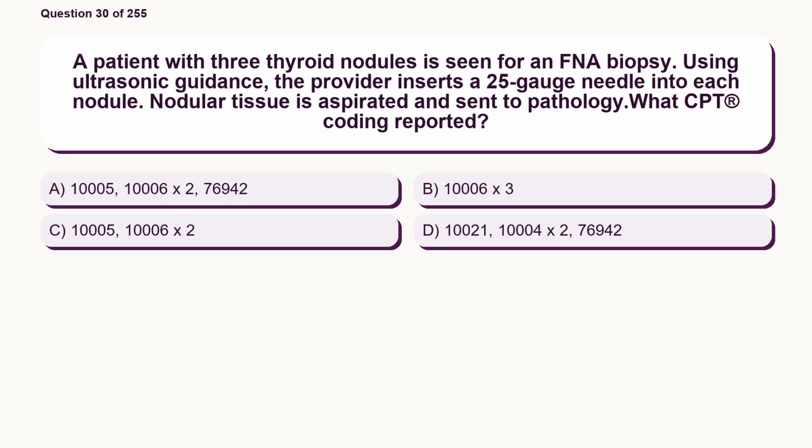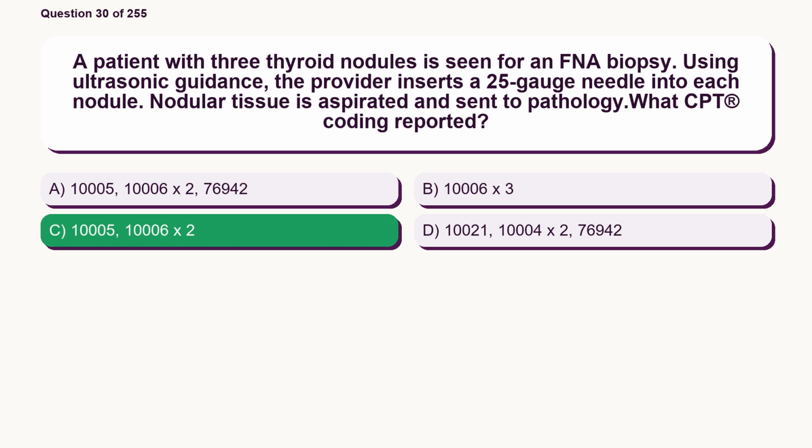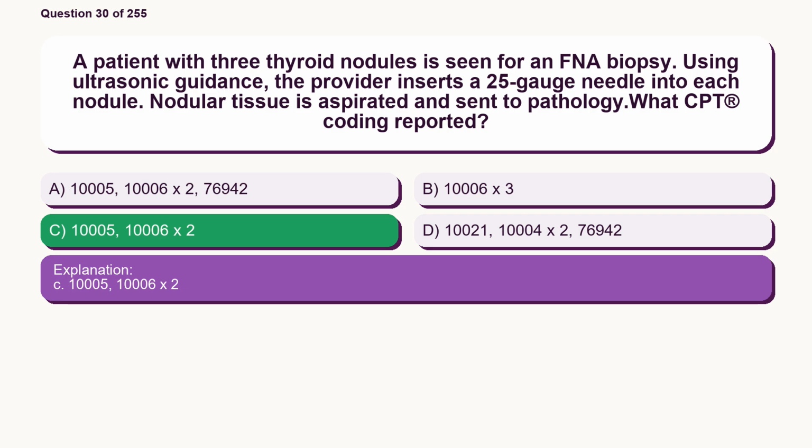Option B, 10006x3. Option C, 10005, 10006x2. Option D, 10021, 10004x2, 76942. The correct answer is option C, 10005, 10006x2.